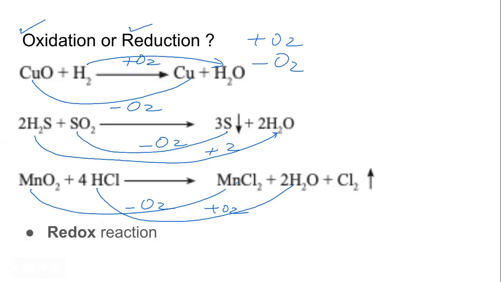And this is the 11th reaction that I had not told you about before. Redox reaction. Reduction and oxidation. RED, reduction. OX, oxidation. I am sure I have not explained to you all the details of oxidation, reduction, and redox. I am sure that you have not understood all the details.